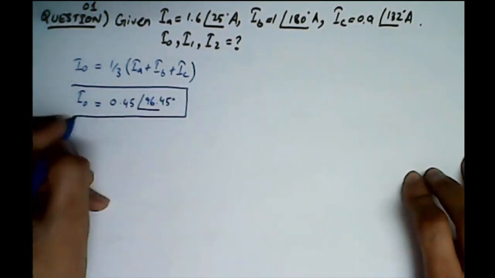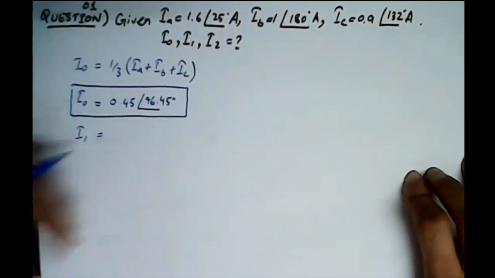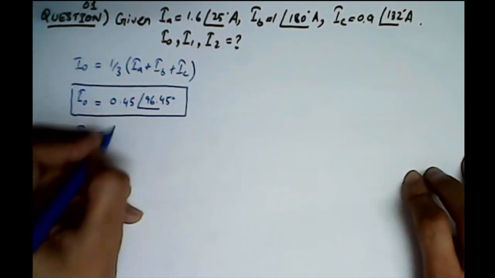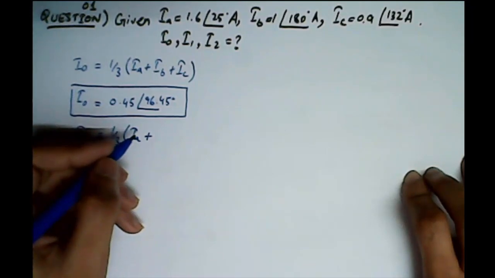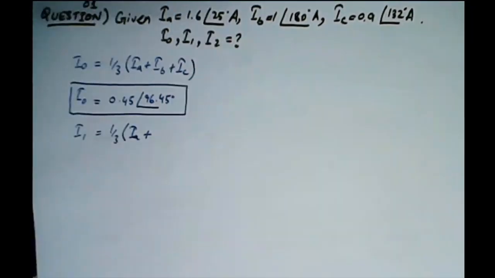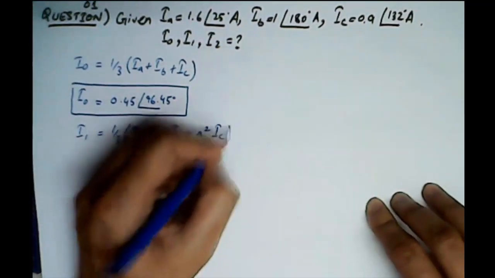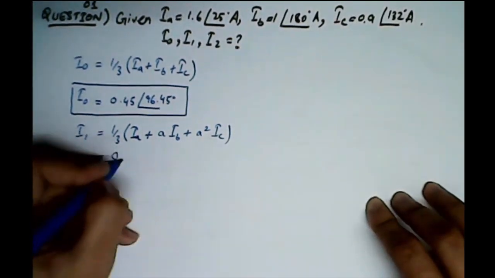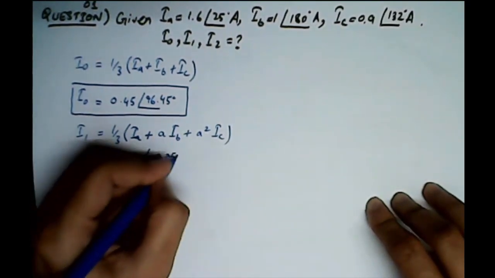Next, we need to find I1 equals 1 over 3 (IA plus a times IB plus a square times IC), and when we solve it using a as 1 angle 120 degrees, this comes out as 0.94 angle minus 0.054 degrees.